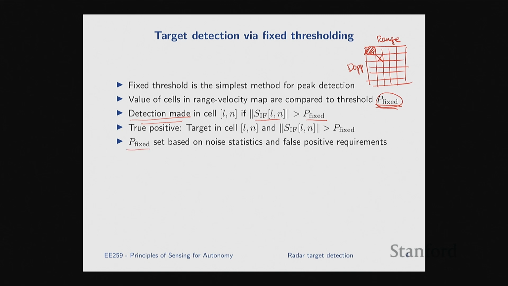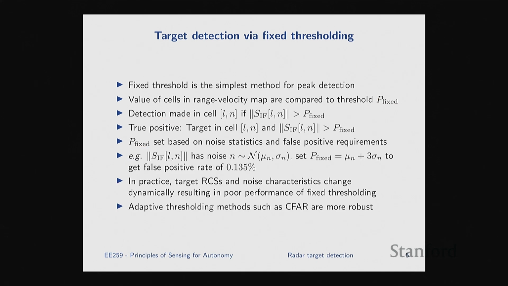Now it's tricky to decide what a good choice for P fixed should be, because, as Shubha brought up, it depends on the SNR or the noise characteristics, which in many applications are either unknown or change over time.